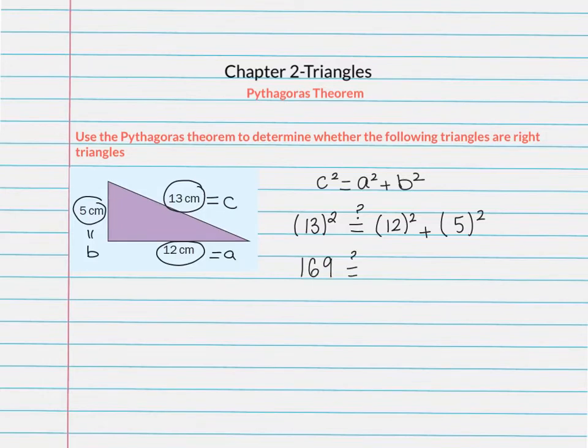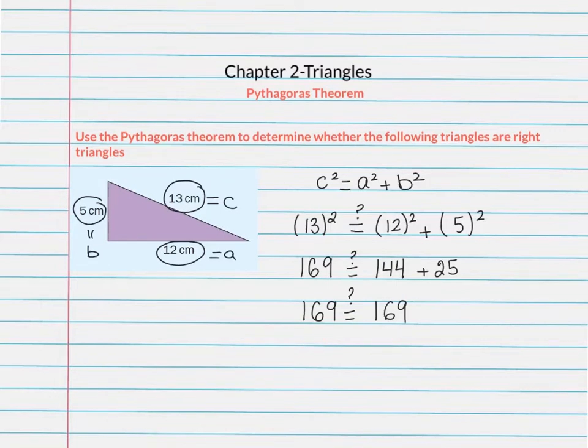Is it equal? 12 to the power of 2 is 144. 5 to the power of 2 is 25. We continue. 169, is it equal? 144 plus 25 using your calculators is 169. So we obtained two values that are equal to each other.